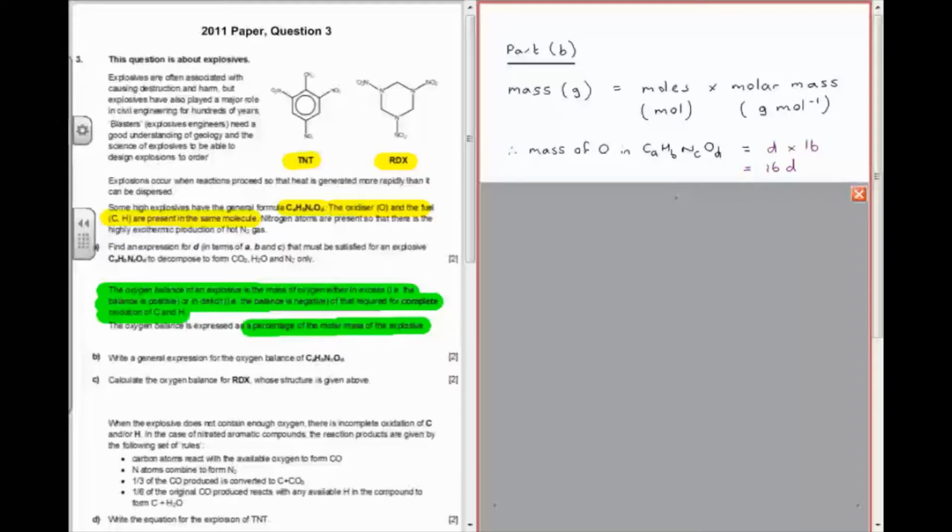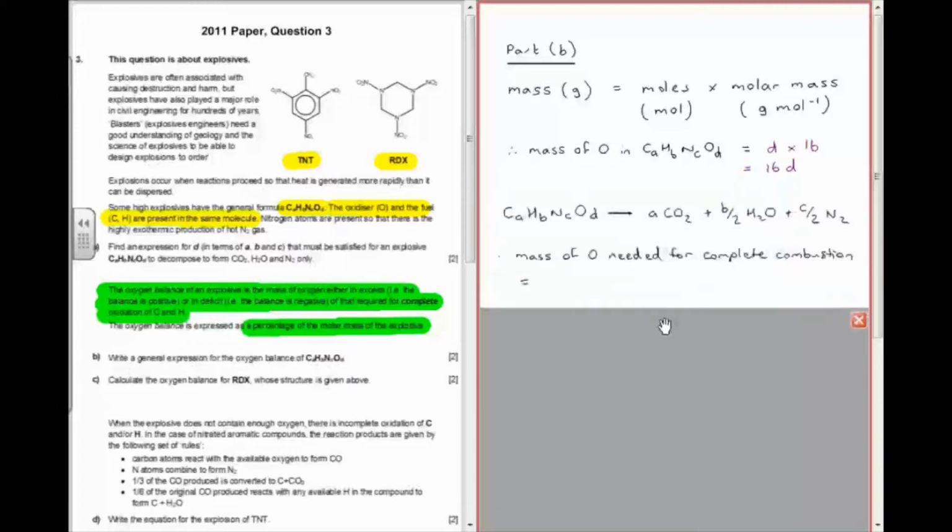The mass of oxygen required for the complete combustion of the explosive is effectively the mass of oxygen on the right-hand side of the equation that we wrote in part A, because that equation represents the complete combustion of all the fuel in our explosive.